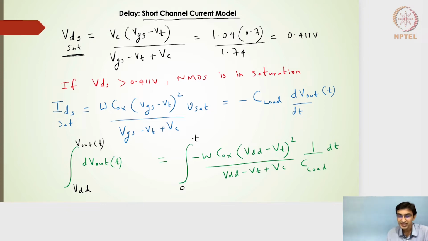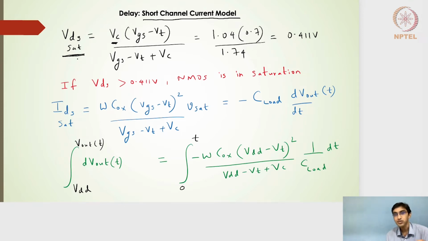So the VDS saturation value for a short channel model turns out to be the critical voltage VC, where the velocity has saturated, multiplied by the pinch-off term VGS minus VT, divided by VGS minus VT plus VC.